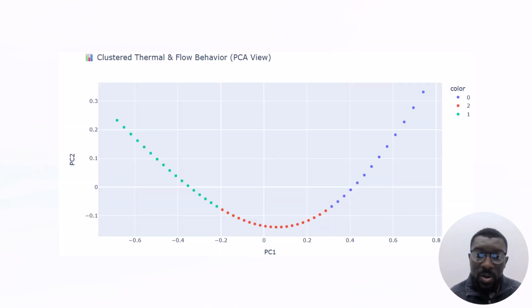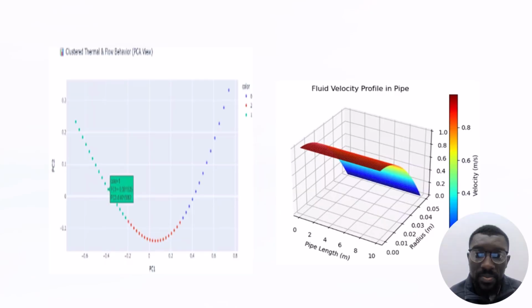So this was the plot, and we had different groups represented by the blue, red, and green. And on the right hand side, we had the fluid velocity profile, which was an indication of how the fluid behaves in the piping system.